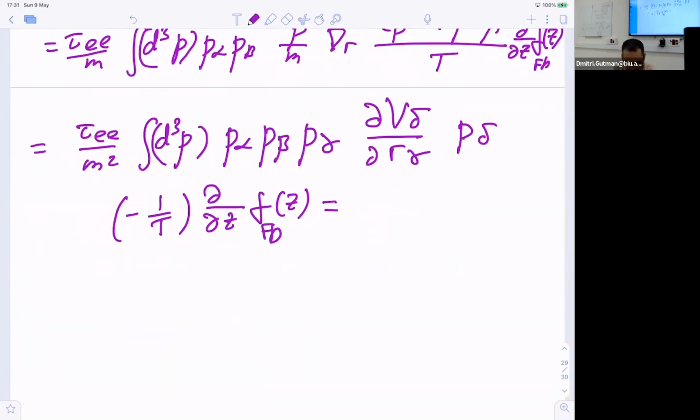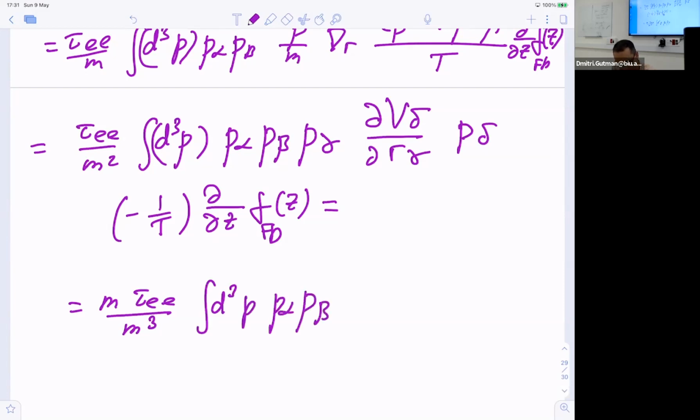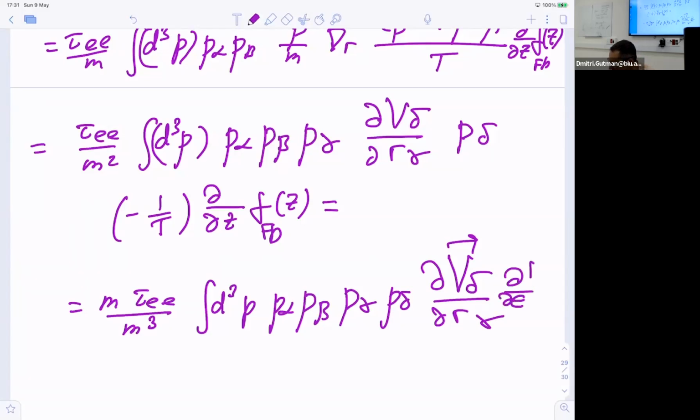And all this is equal to M tau EE divided by M cubed integral d3p p alpha p beta p gamma p delta dv, this is the velocity component delta, dr component gamma, sum over all indices that are repeating, d over d epsilon F Fermi-Dirac of epsilon.